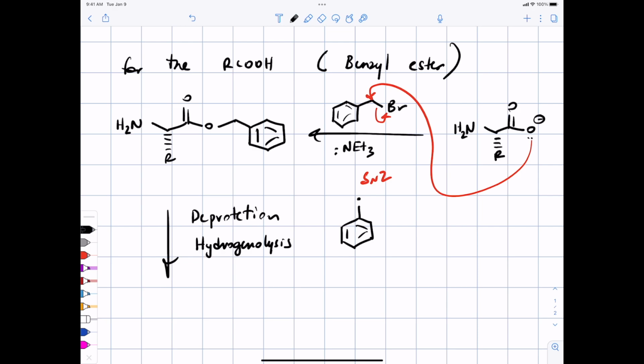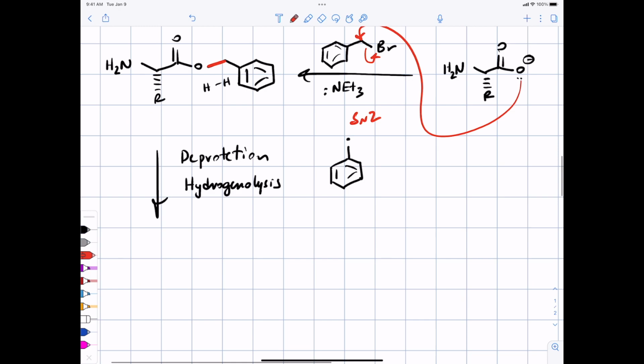For the same reason, it's actually really easy for a palladium catalyst to add hydrogen across this bond between the oxygen and the carbon. So that's called palladium catalyzed hydrogenolysis.